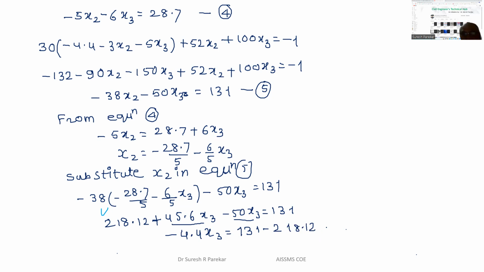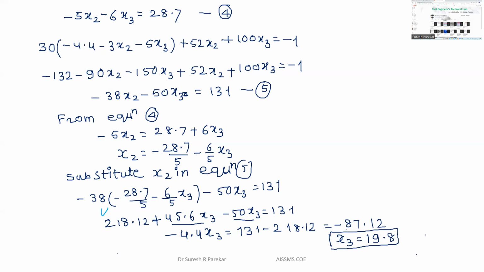And from this we will get value equal to 131 minus 218.12, minus 87.12. And from this we will get x3, that is equal to divided by minus 4.4 is 19.8. So we have value of x3 as 19.8.